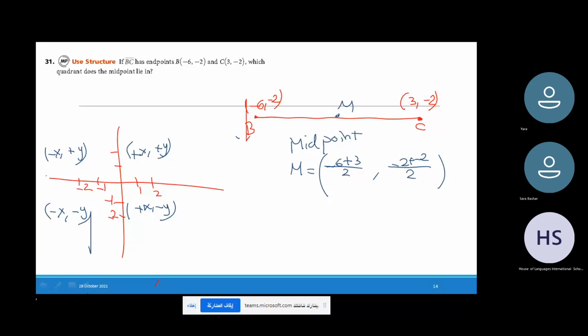Negative 6 plus 3. When you add two negative numbers, what do you have to do? It's not very hard. This is for grade 6. We took it in grade 6. Negative 6 plus 3.